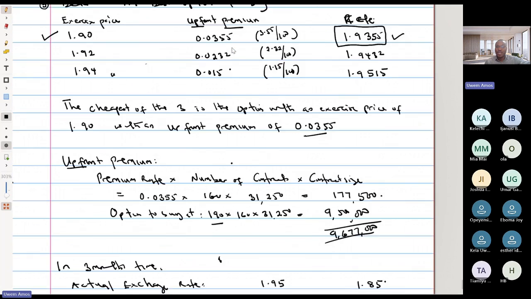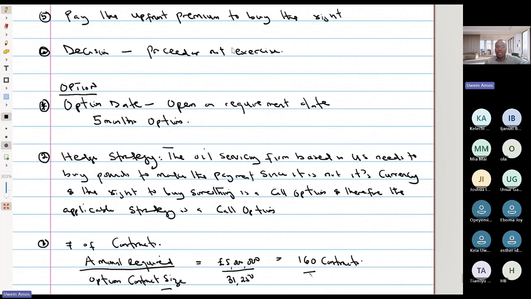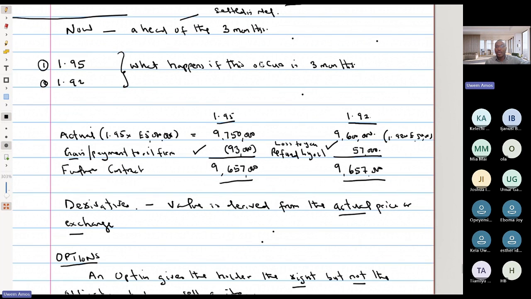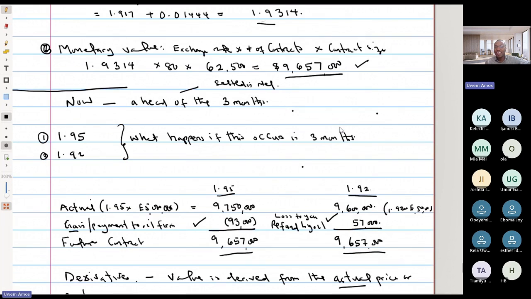Let's go back to futures quickly to tell you why option is very important. You could see that in futures, your lock-in rate is 9657. So even when in the market in 3 months' time, it was even cheaper for you in the market, you still had to take your total cost to 9657, because no matter what the price is in the market, the total cost will not change from 9657.